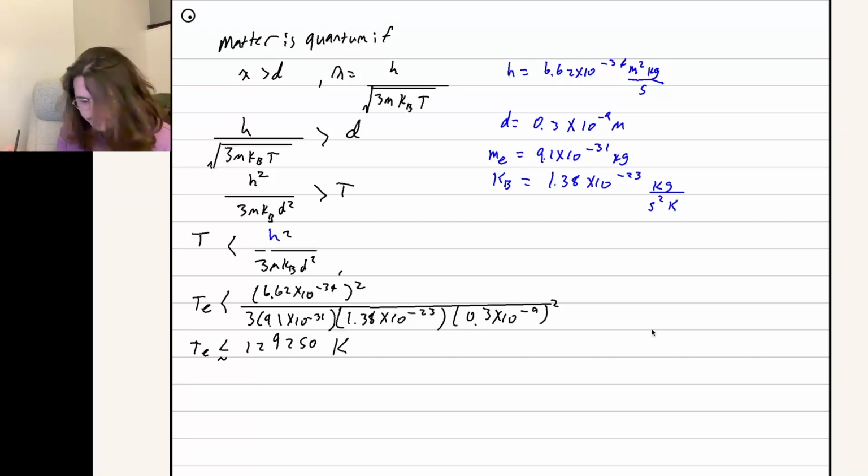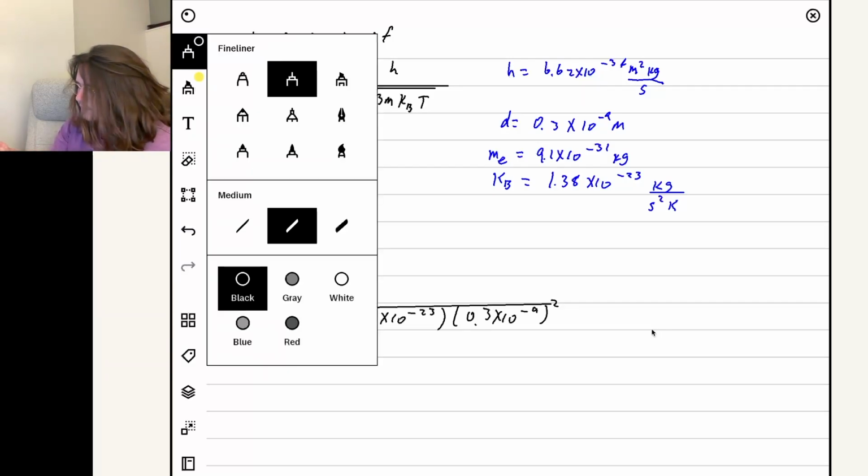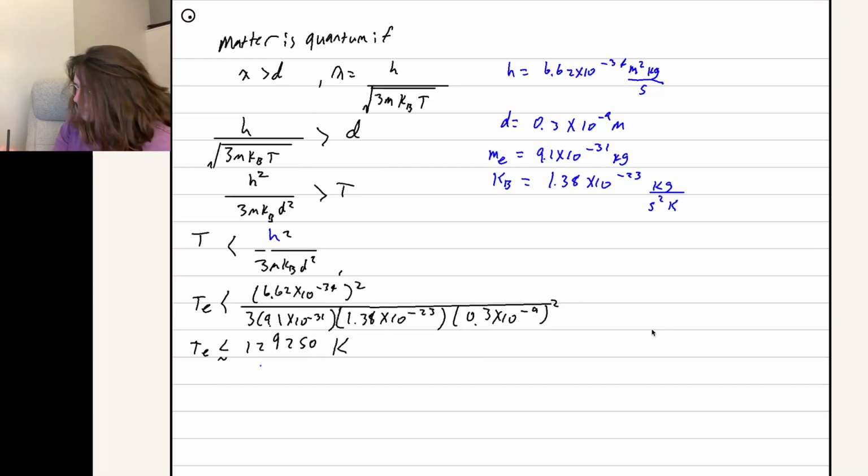Interesting. We'll find that for a lattice of silicon molecules, the mass of silicon is actually given by there's 28 protons or 28 nucleons in a silicon nucleus.